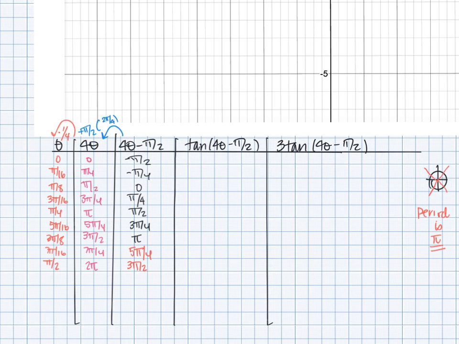So when we take the tangent of this column, remember, tangent does not exist here, and it doesn't exist here. So the tangent of negative pi over 2 does not exist. We have a vertical asymptote at theta equals negative pi over 2.